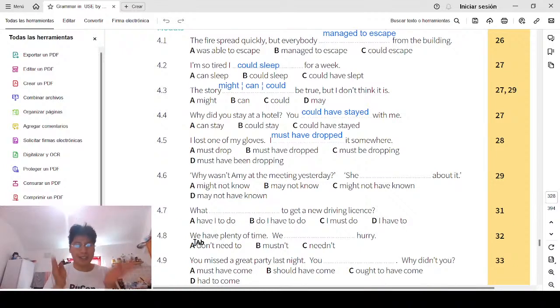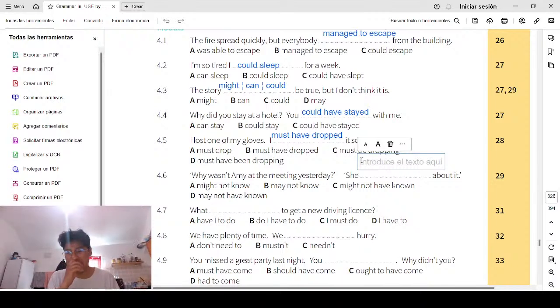Different kinds of modals, negative sentence. Auxiliary have plus the past participle. Oh my god, that's why I like grammar. I don't know, I'm a person who complicates everything. So in this case, might not have.